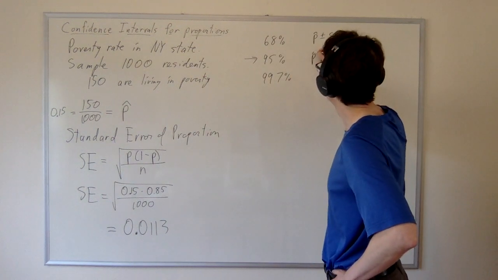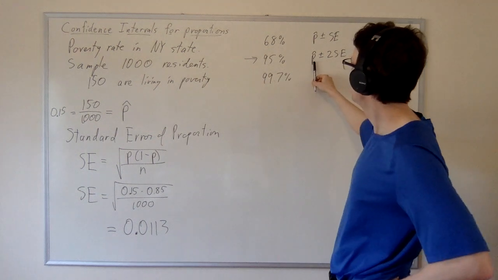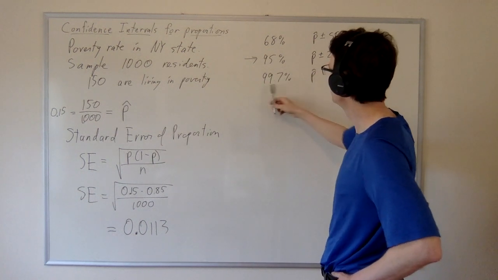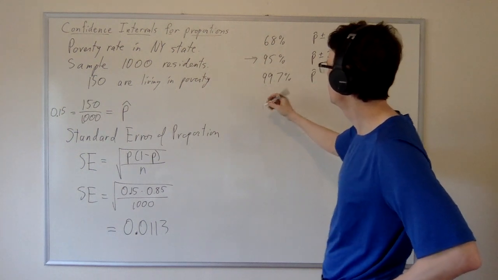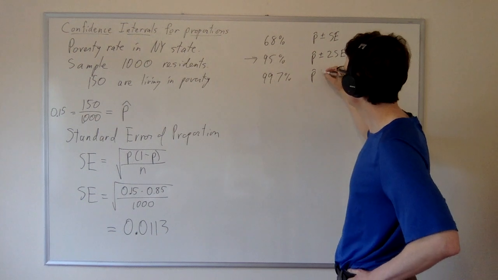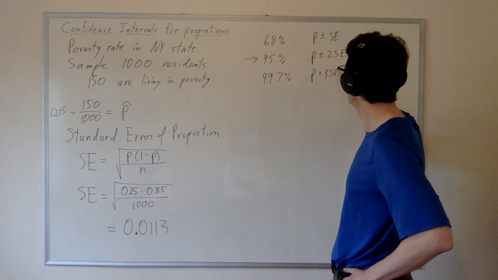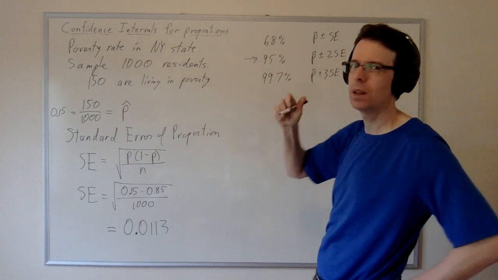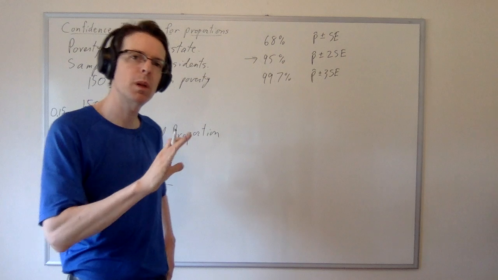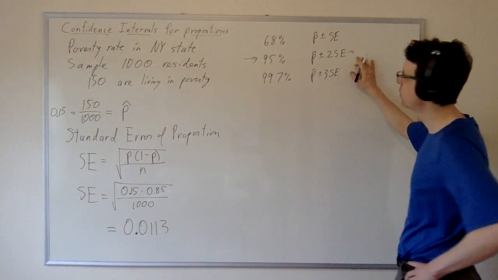If we use the 95%, then that would give us the measured value plus or minus twice the standard error. And if we use triple the standard error, the 99.7% confidence level, then we would get p hat plus or minus 3 times the standard error. As I mentioned before, this 2 is a little bit of a fudge. The perfect number to put here is 1.96, but let's not complicate our lives. So this is the one that we will most often use.